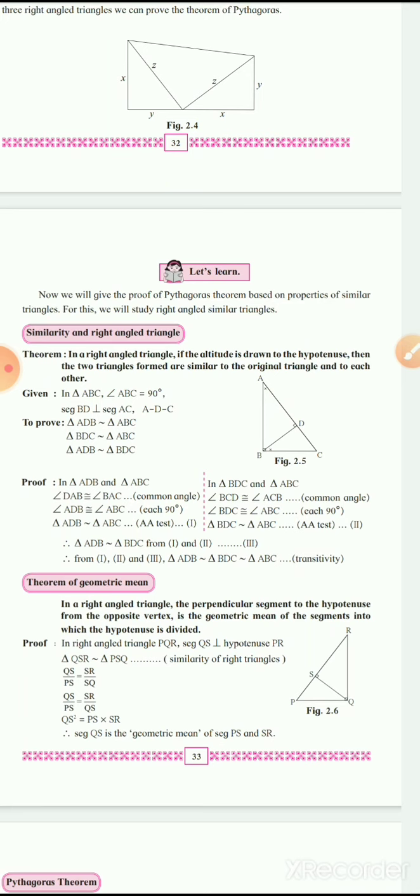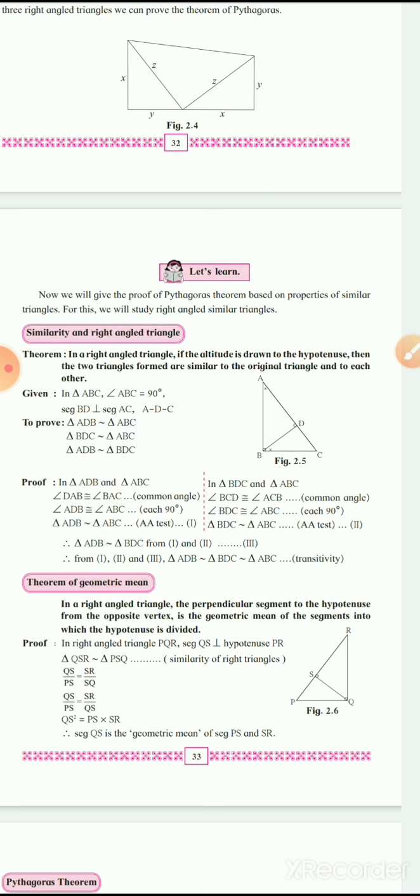In a right angled triangle, if the altitude is drawn to the hypotenuse, then the two triangles formed are similar to the original triangle and to each other. Once again, the theorem: in a right angled triangle, if the altitude is drawn to the hypotenuse, then the two triangles formed are similar to the original triangle and to each other.